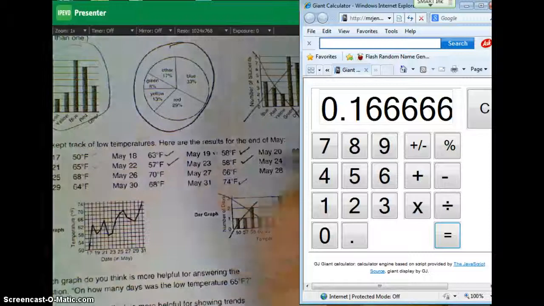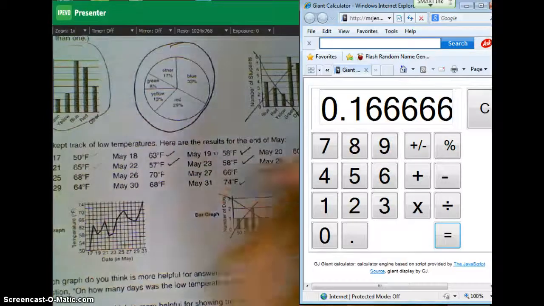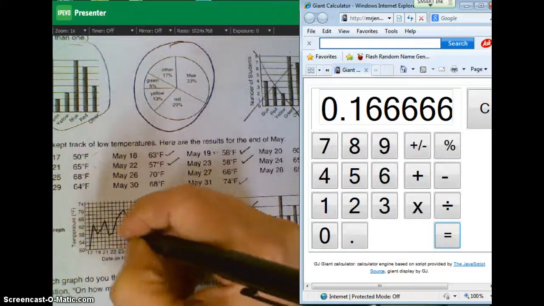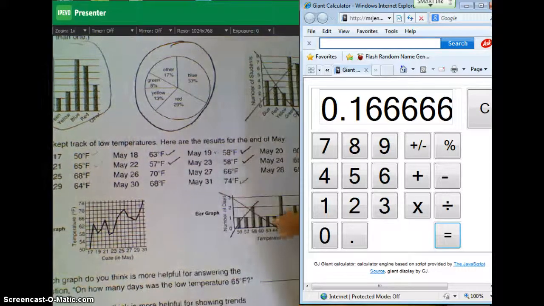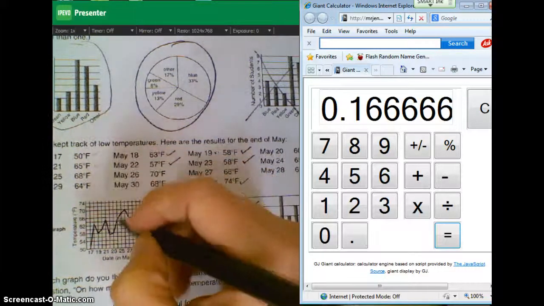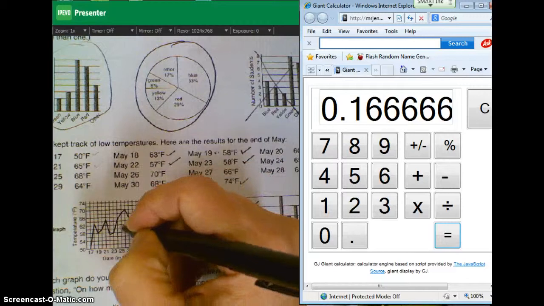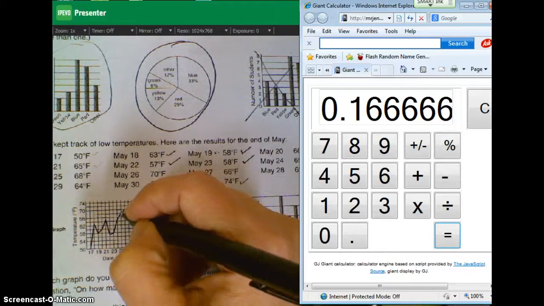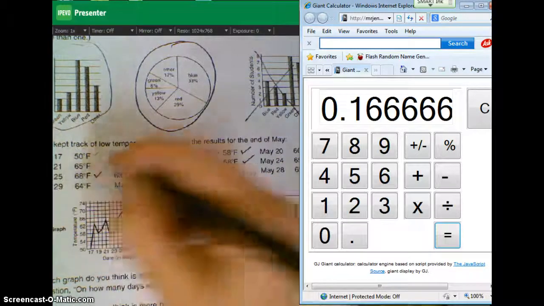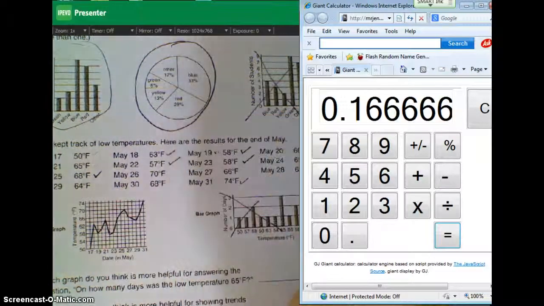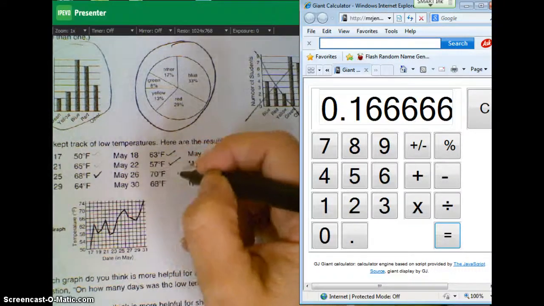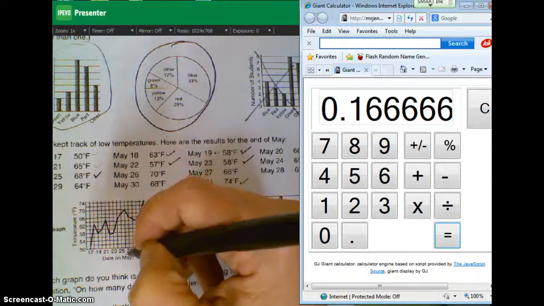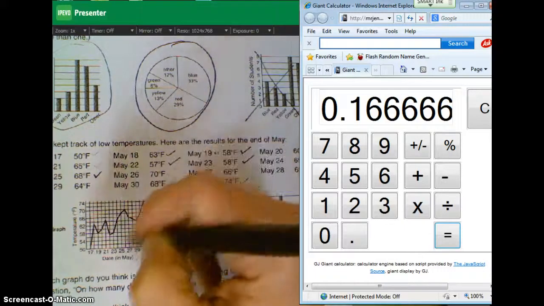All right. May 24th should be 65. All right. May 25th should be 68. Looks good. May 26th should be 70 degrees.